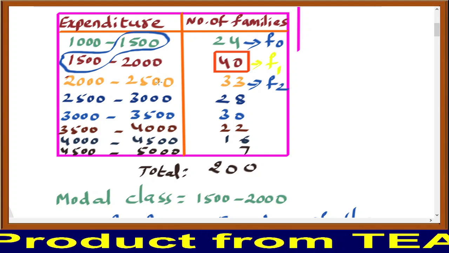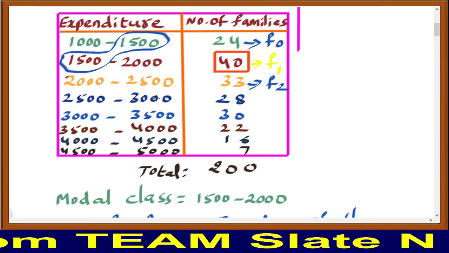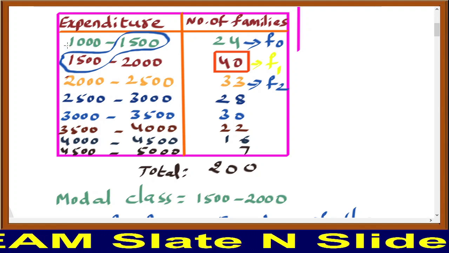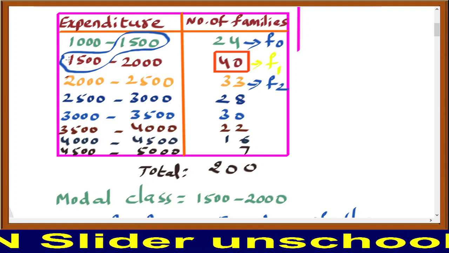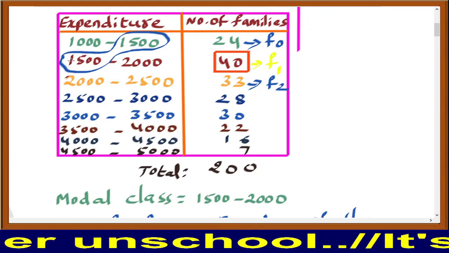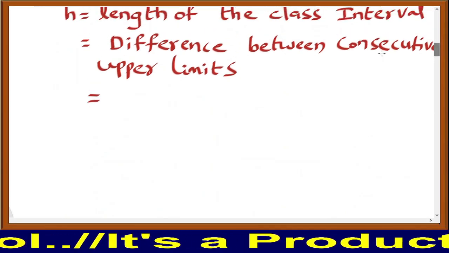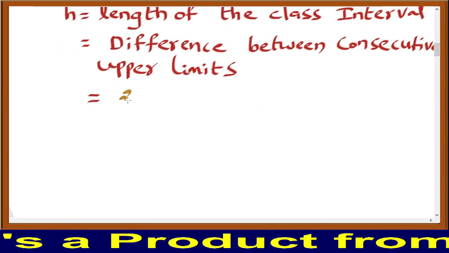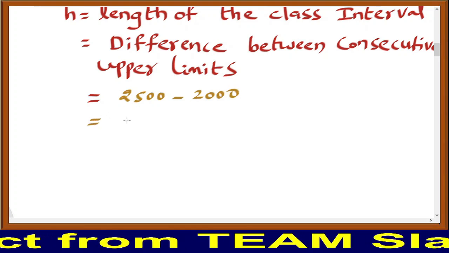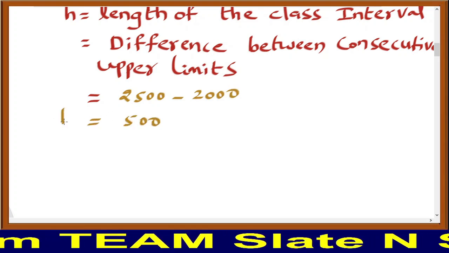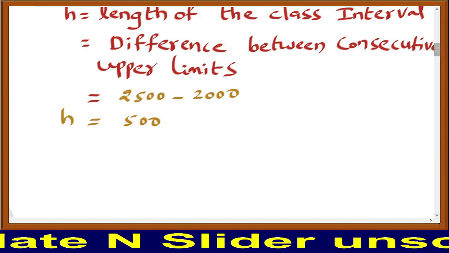Or we can take 2000 and 2500. Suppose you want to take the lower limits, then take 1000 and 1500 as the consecutive lower limits, or we can take 1500 to 2000. So take the difference. I am taking 2500 minus 2000. So H is equal to 500. The length of the class interval is 500.